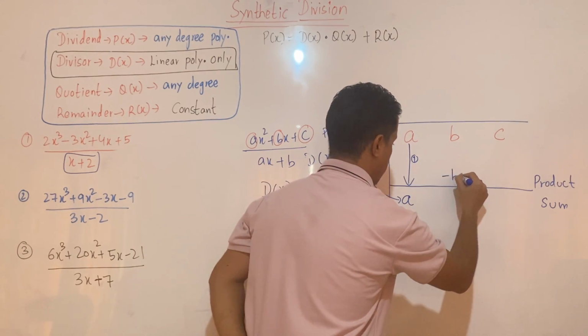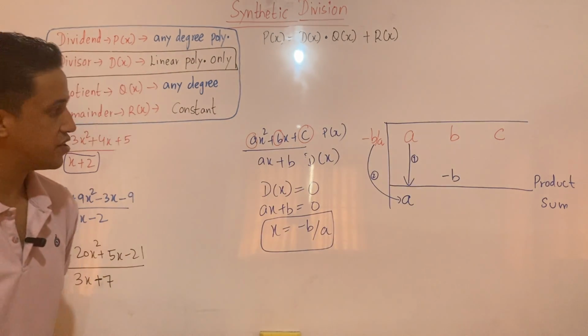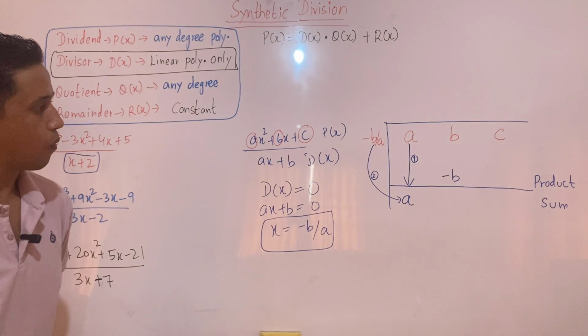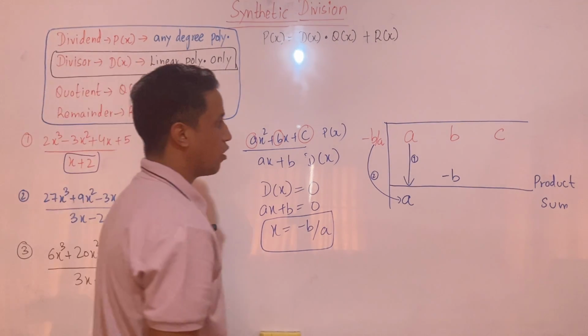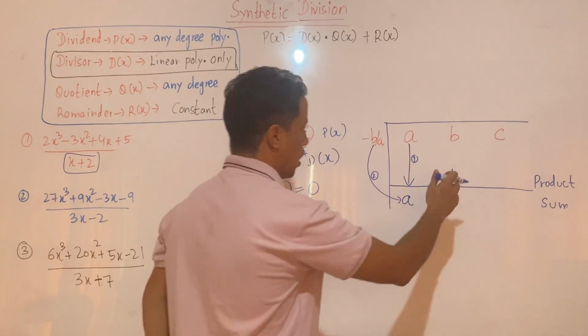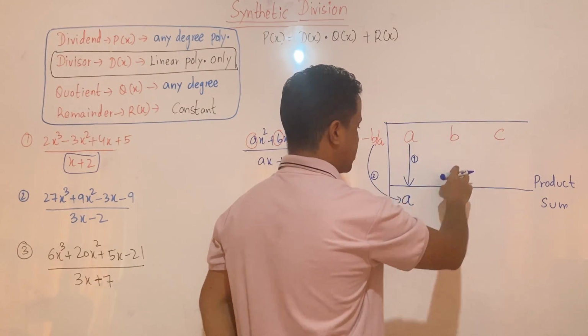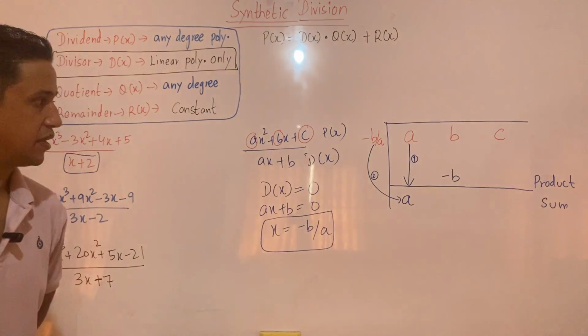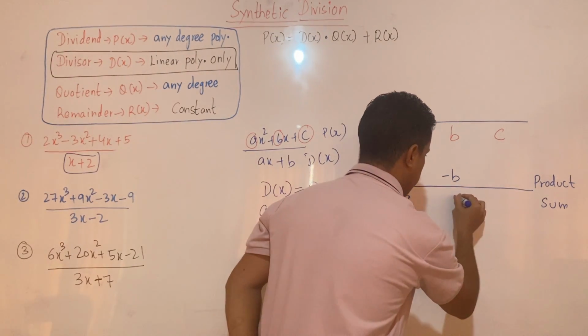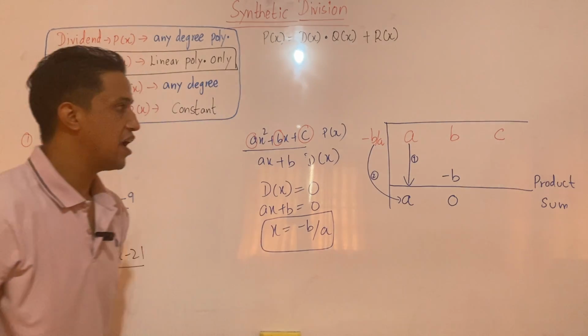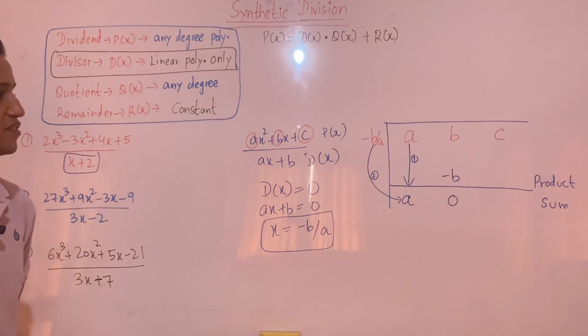Minus b, right? Minus b. Now what is b minus b? b minus b is 0, right?